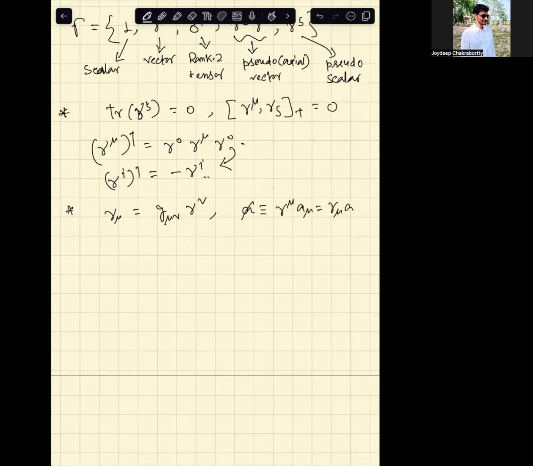So this is the symbol that we'll be using. From there, we are ready to write down our Dirac equation in this particular form: (i del slash minus m) psi of x equals 0. And remember, we are working in 3+1 space-time dimension.